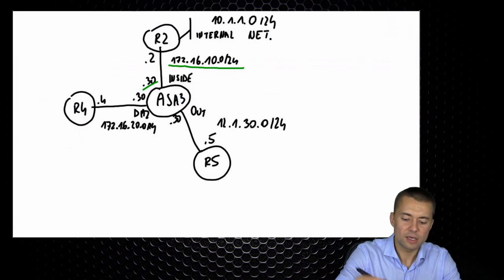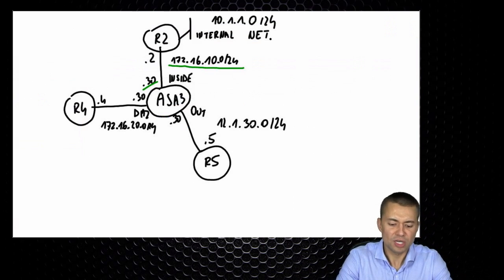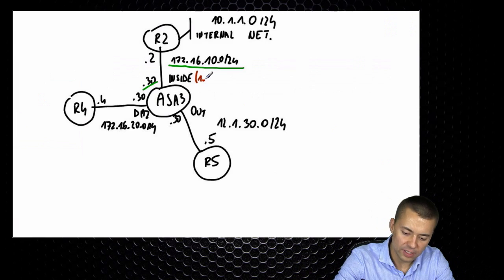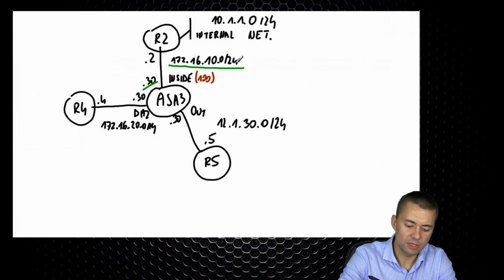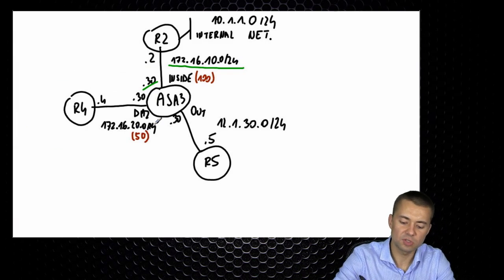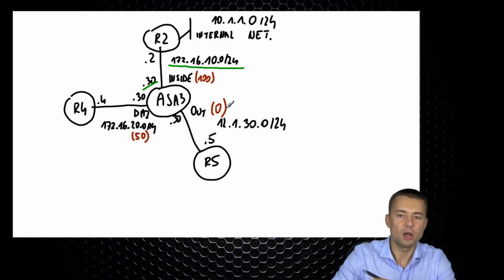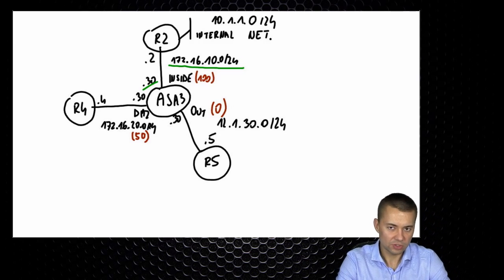Okay, so once again, the security levels that I have assigned, we have 100 for the inside, 50 on the DMZ and 0 on the outside. And a default behavior of the ASA is to allow traffic when it comes from a higher security level interface to a lower one.